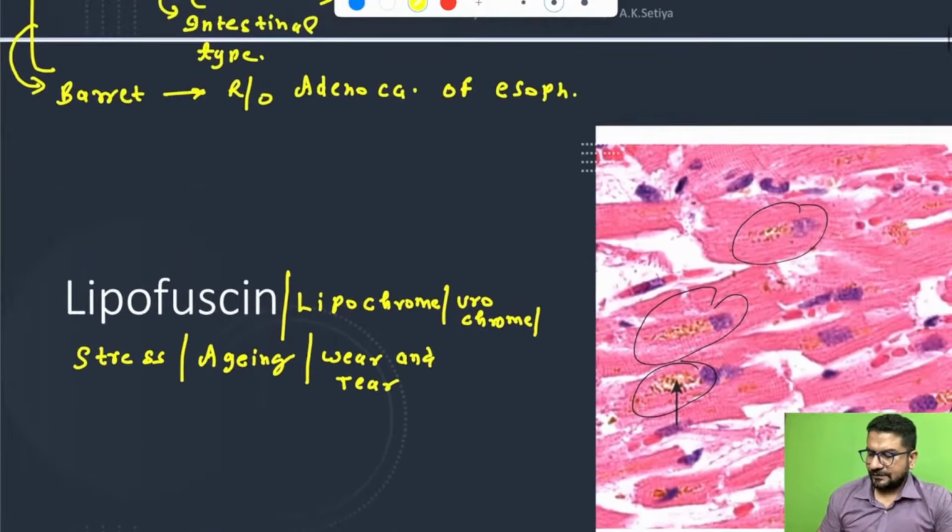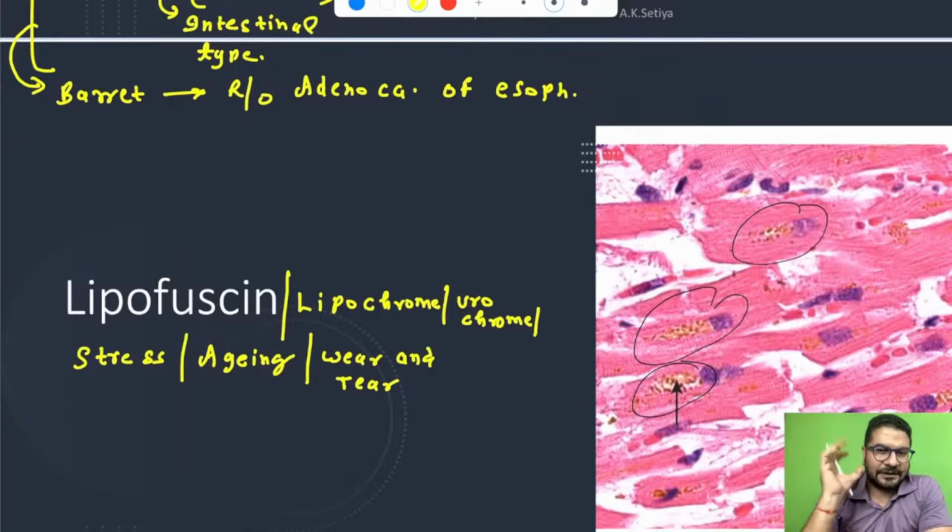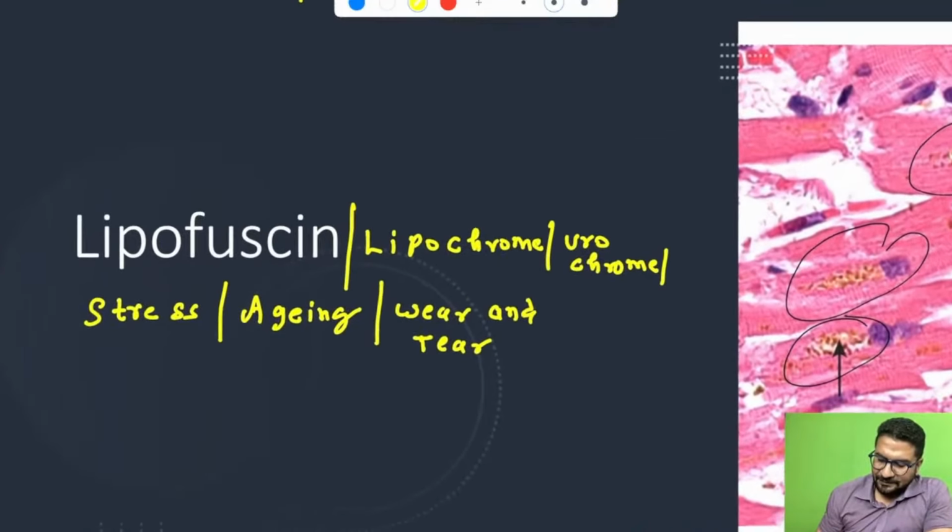We call this the pigment of stress, the pigment of wear and tear. It can occur from excessive wear, from excessive thinking, taking too much stress, overthinking. So I can give you a new name for this: pigment of overthinking. Lipofuscin is caused by too much overthinking and stress.